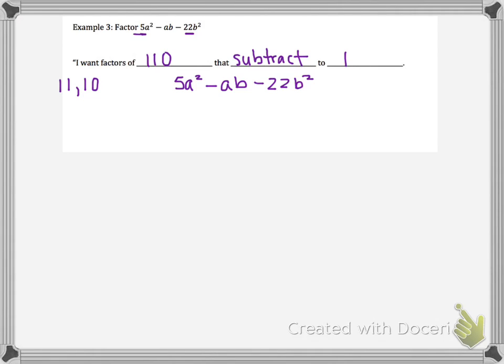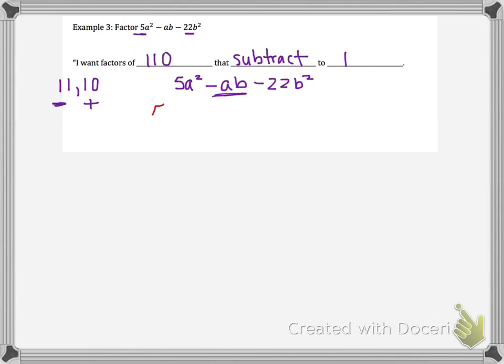Now again, we've got that minus in the last term, so we do want the signs to be different. And because the middle term is a minus, we want the higher term to be minus and the lower term to be the plus term. And we're going to break that middle minus ab term up. Back to red here.